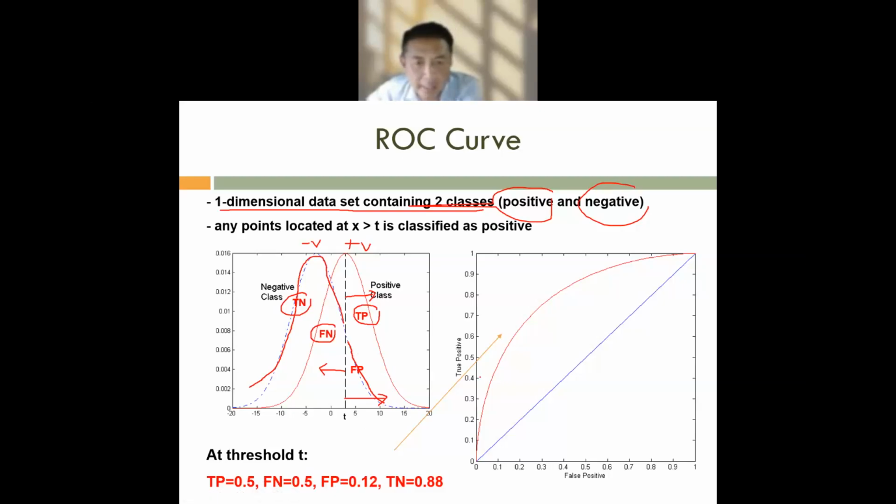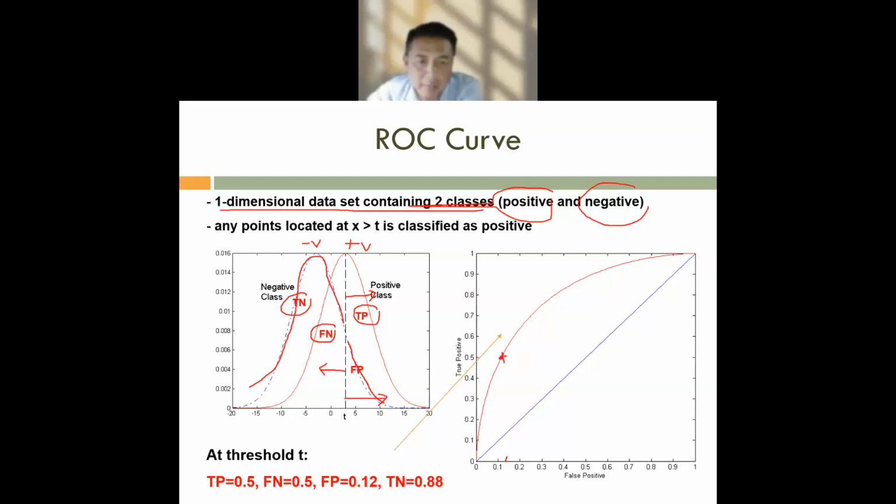When we look at this diagram, when the true positive rate is 0.5 and the false negative rate is 0.5, the true positive is here and the false positive is here.